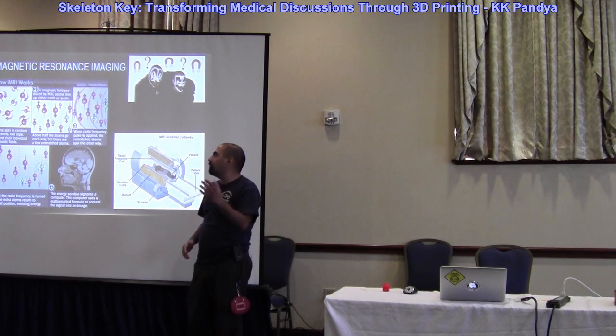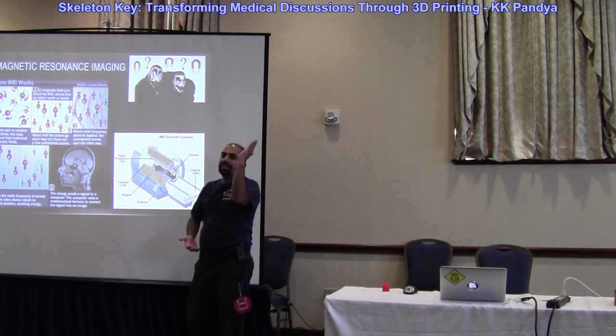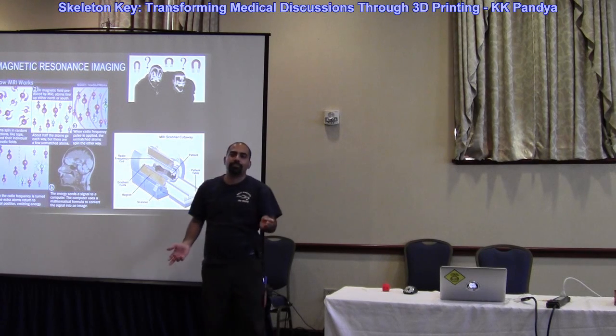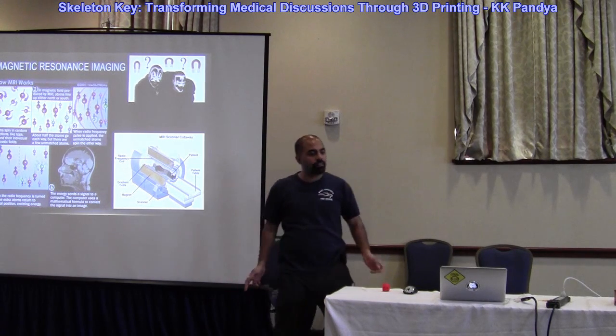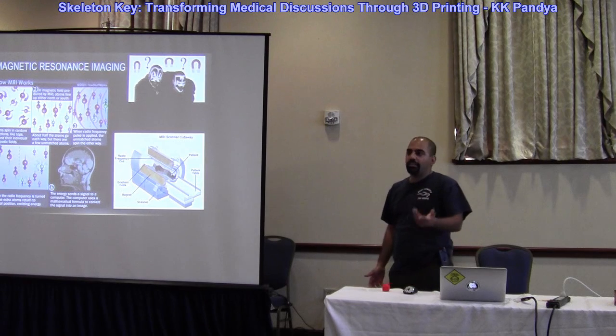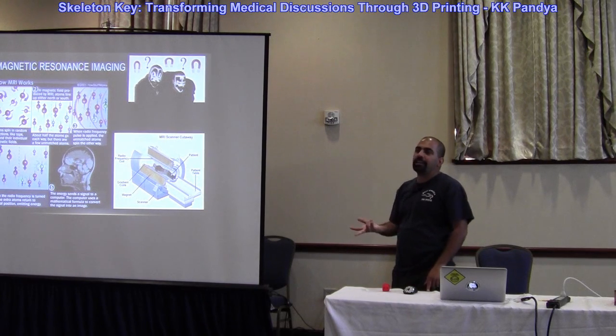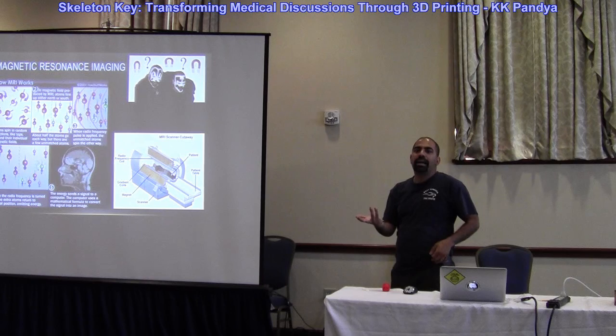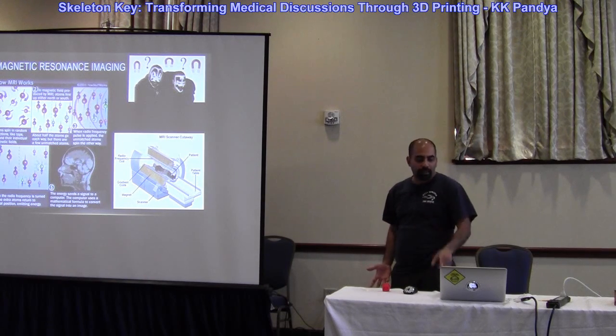That signal, from demagnetized to remagnetized, is different on different kinds of tissue and different molecules. This is just an imaging technique; it's the same as hydrogen NMR in chemistry.